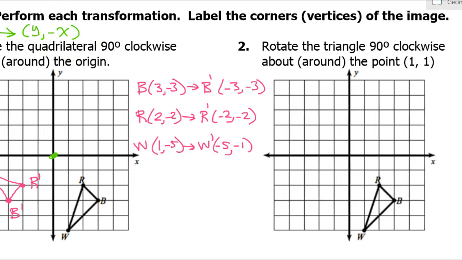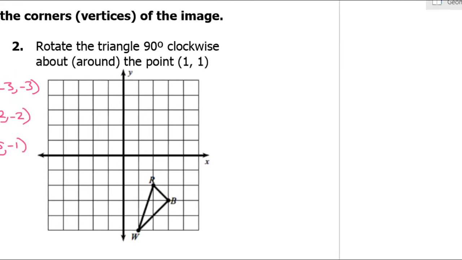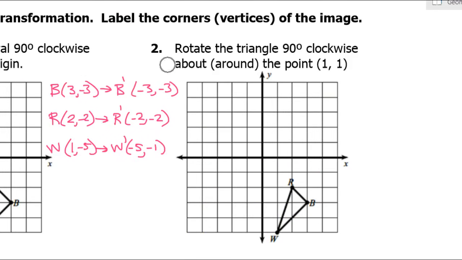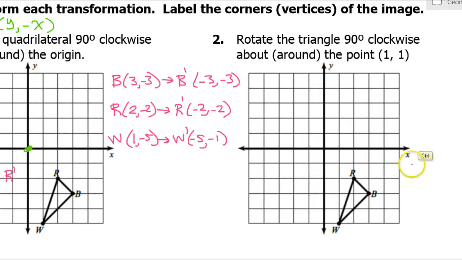Now, when the center of rotation is not 0, 0, you can't simply apply the rule to the original points. So let me start by copying down those original coordinates, since this is the same triangle.